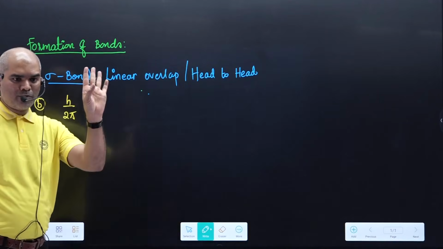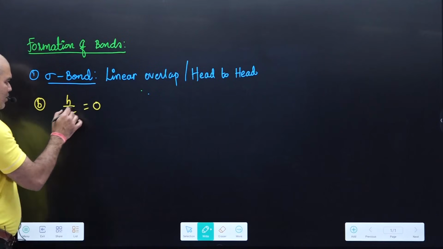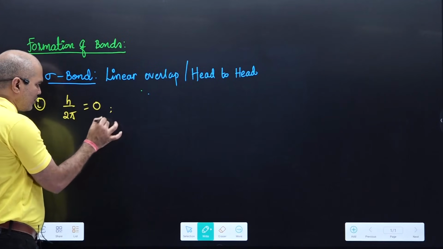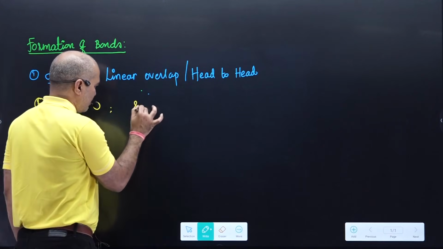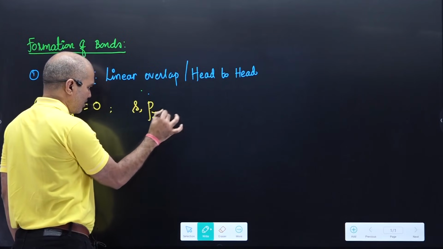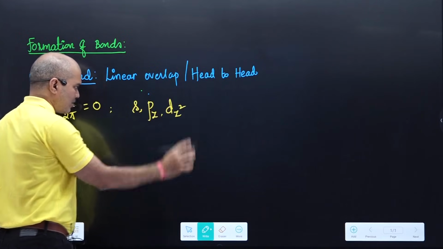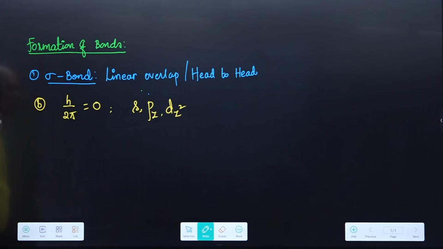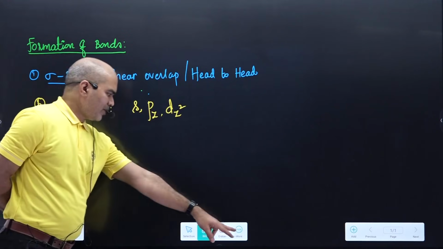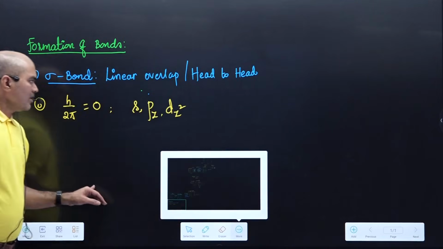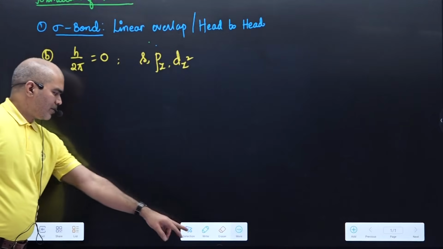No other orbital can form sigma bond. Simple to remember. Out of 1s, 3p and 5d orbitals, 9 orbitals, 3 orbitals are involved for sigma bond.